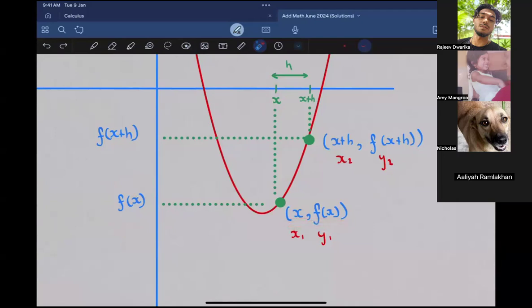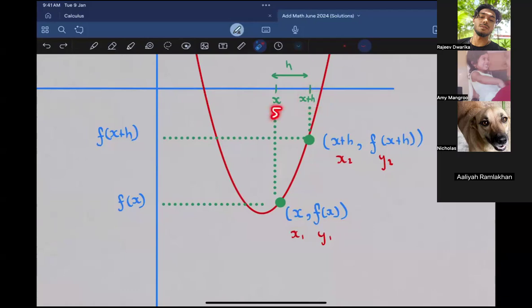I move some distance h, some distance away from x. Do you understand why I'm calling this x plus h? Let me explain.